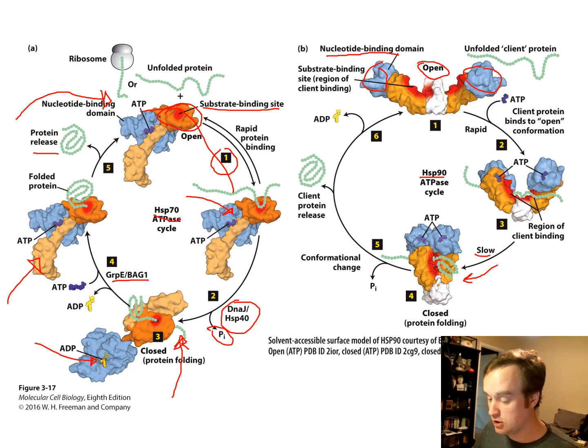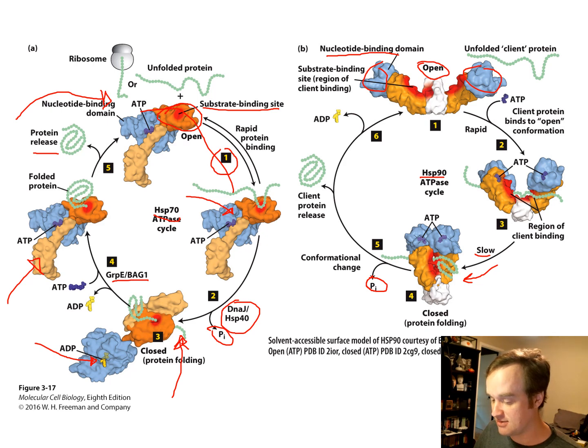After this closed conformation is achieved and the client protein is being folded, then we have another conformational change where ATP is converted to ADP, releasing energy, and that causes this protein to be released after the folding.